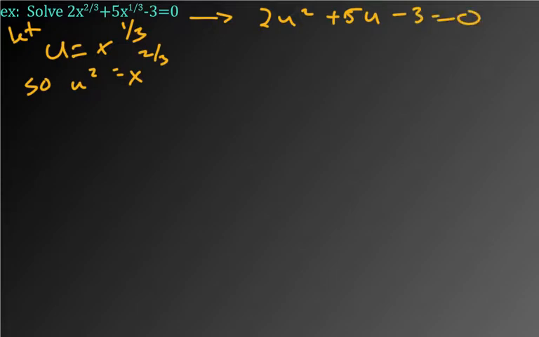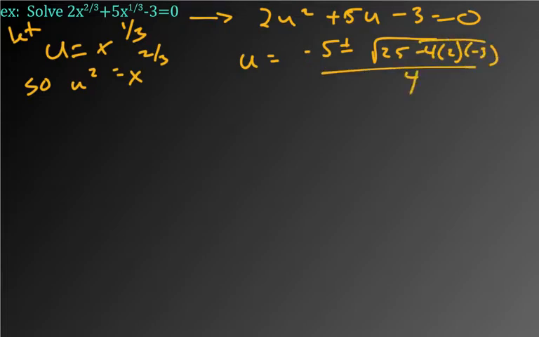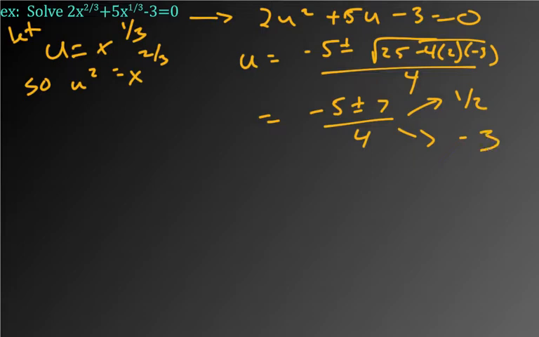And you basically just need to do the quadratic formula. You get negative 5 plus or minus the square root of 25 minus 4 times 2 times negative 3, all over 4. And actually I probably could have factored it too, because these numbers are pretty nice. But you're getting that u equals 1/2 or negative 3.